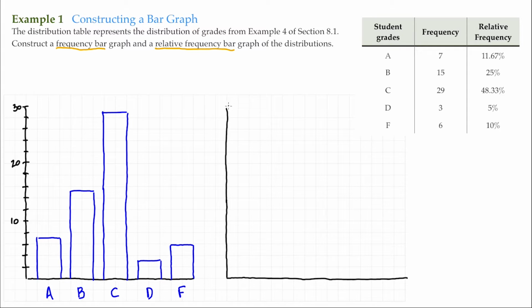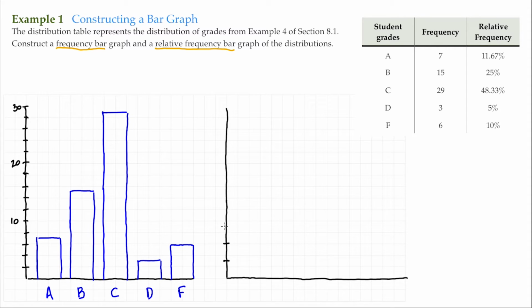And if you look right here for F, for a grade of F. That's 6 out of the 60, or that's 10%. So if this is F right here, if I mark it right here, that could be my 10%. That way this here would be 5%.